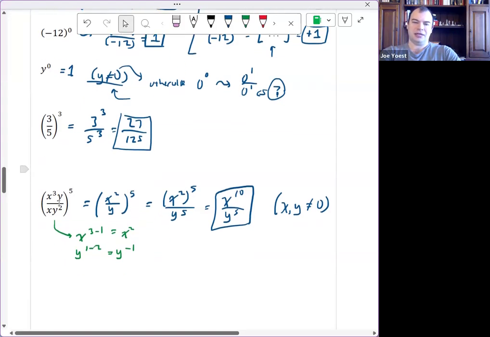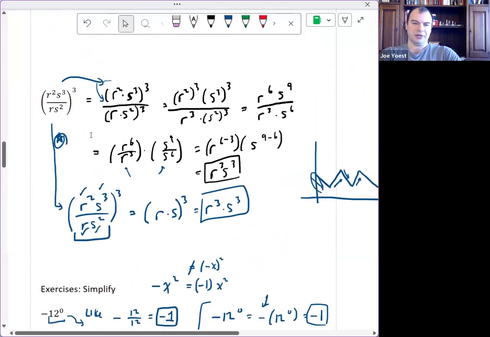And then our last exercise, x cubed times y over x times y squared, all to the 5th power. And again, we saw our last example here. We could do this the brute force way. I call it the sledgehammer method, like just start whacking stuff with a sledgehammer and see what comes out.